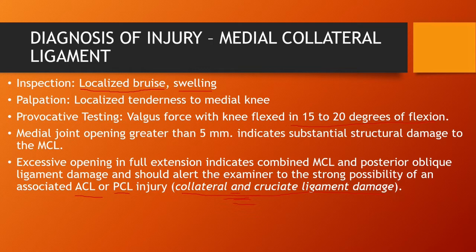So thus the importance of testing the examinee in at least two positions for the medial collateral ligament. First in full extension, and then also in 15 to 20 degrees of knee joint flexion.